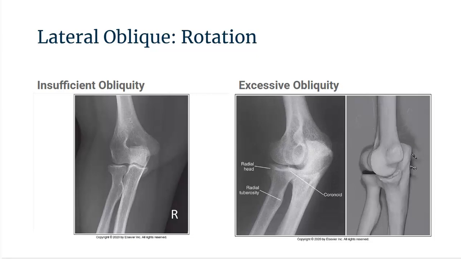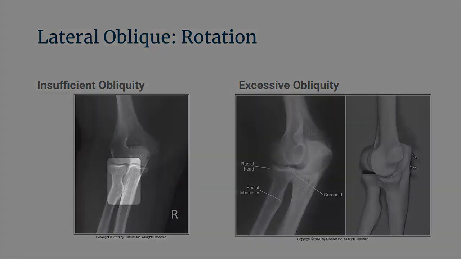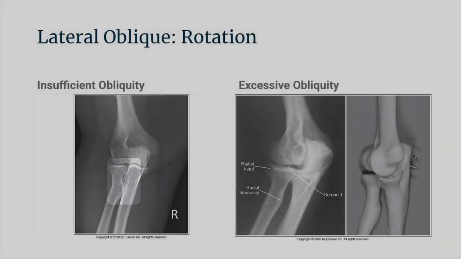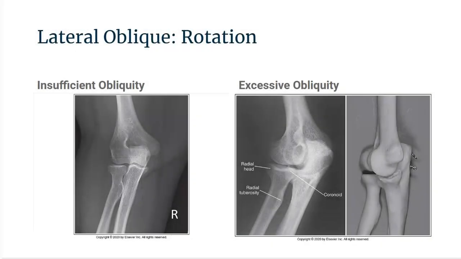If the humeral epicondyles are positioned at less than 45 degrees of obliquity with the IR, there is insufficient lateral obliquity. In this case, the radial head and or the radial tuberosity will still partially be superimposing over the ulna.